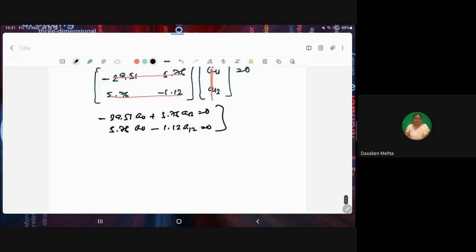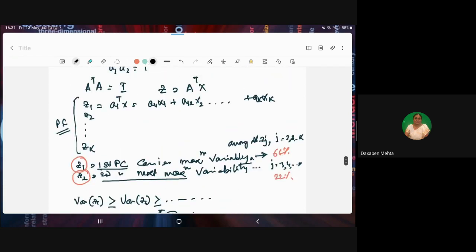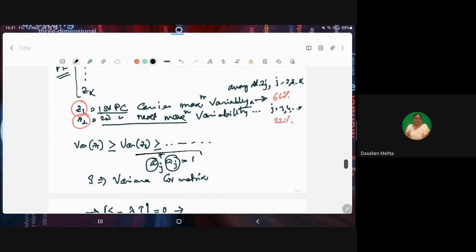So what will we do? We have another weapon. The weapon is this, that is A1 transpose into A1 is equal to 1.